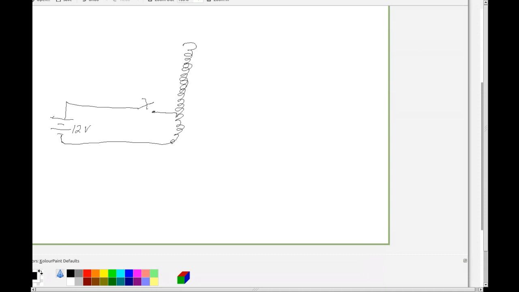What happens is when this switch closes, it puts energy in this magnetic core.